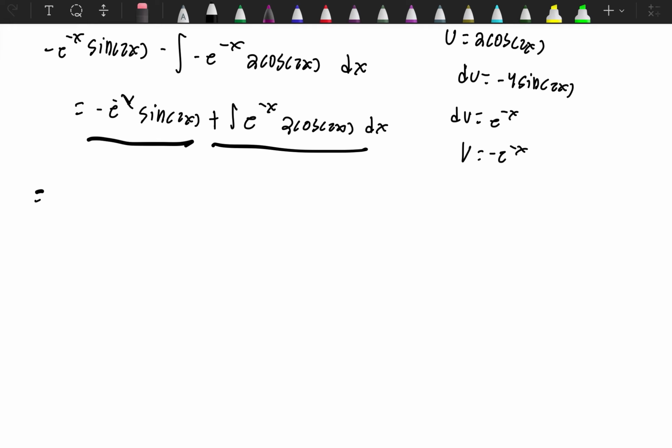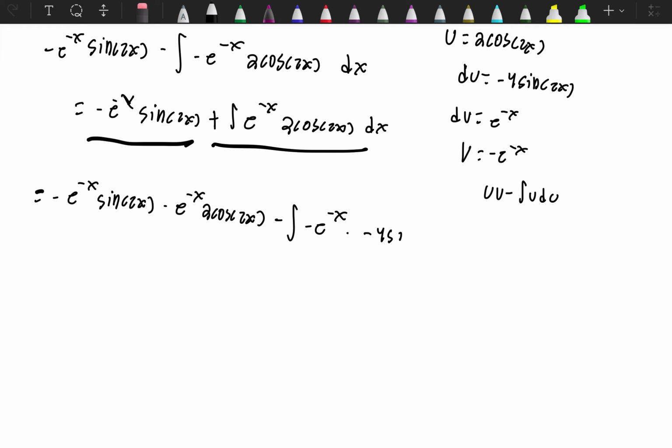So essentially, we're going to have negative e to the negative x sine of 2x. And then we're going to use our formula uv minus the integral of v du, which is going to be uv, negative e to the negative x 2 cosine of 2x, minus v, which is negative e to the negative x, du, which is negative 4 sine of 2x dx.